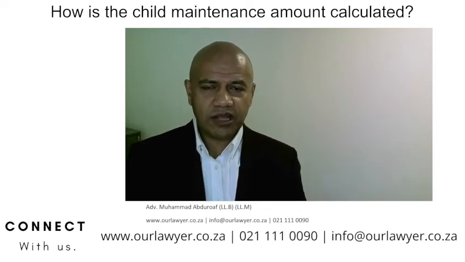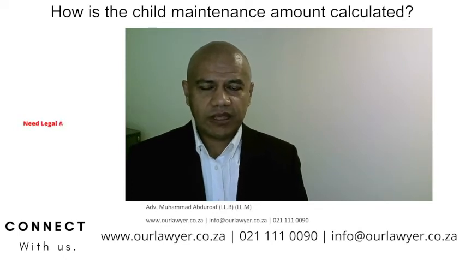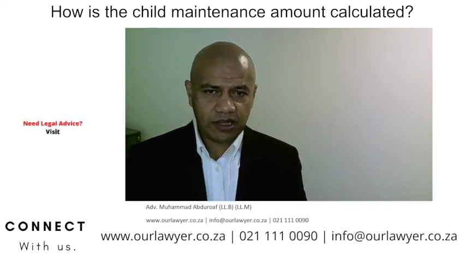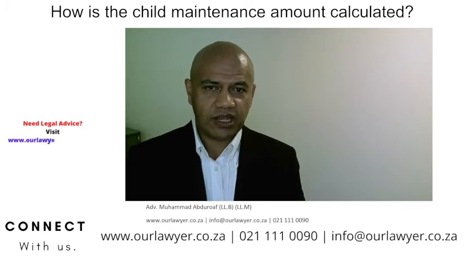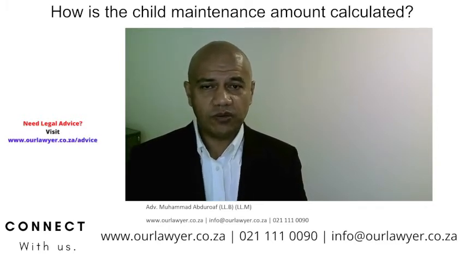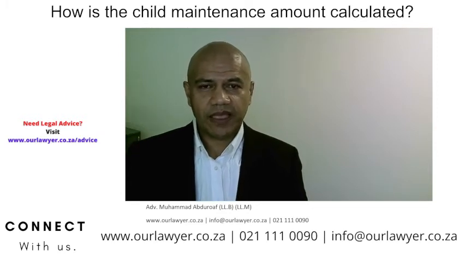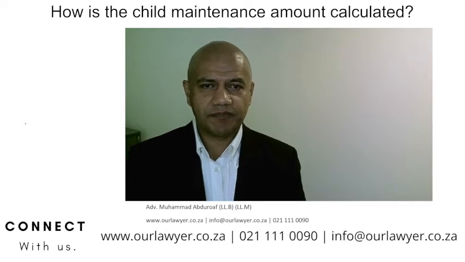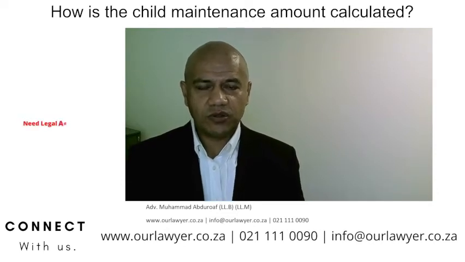The other parent, on the other hand, earns 5,000 rand per month. Much higher. But because the parent that earns 1,000 rand per month also owns properties and other assets, gold coins and so on, that is also to be considered.